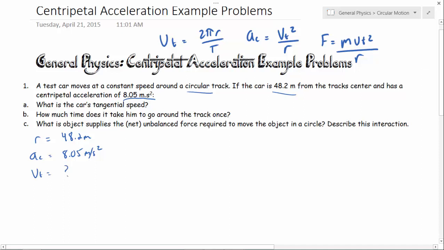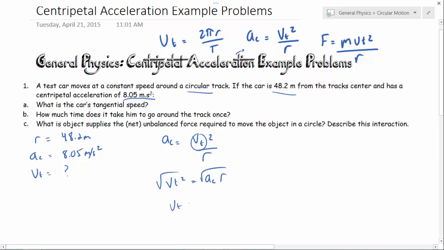I look at my big three equations. Which one deals with these three variables? There it is, number 2. I take my original equation, centripetal acceleration is equal to vt squared over r. I want to get vt by itself, so I'm going to multiply both sides by r. Vt squared is equal to ac times r, and then I take the square root of both sides.